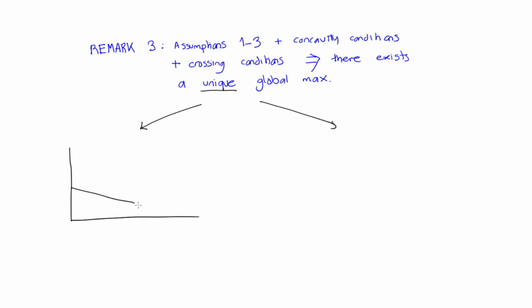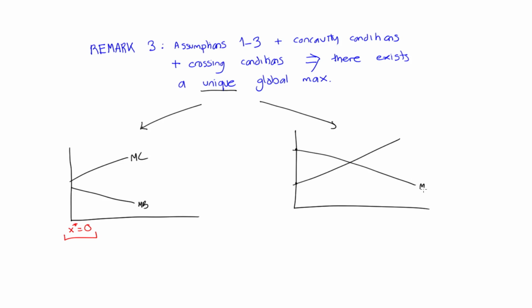Either we are in the case in which the marginal benefit is always below the marginal cost, in which, for the reasons we've seen before, the unique global optimum is x equal to 0, or we're going to be in a case in which the marginal benefit at 0 exceeds the marginal cost at 0, but because of the crossing conditions, the marginal benefit and the marginal cost curves cross. And I claim that that point at which they cross, x star, is the unique global optimum. Let's see why that is the case.